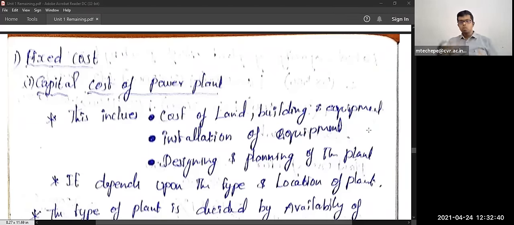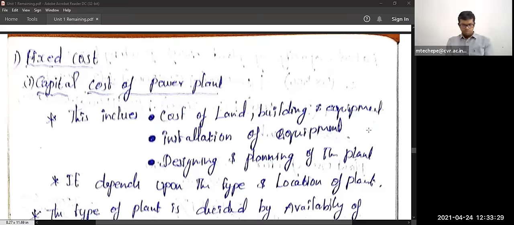Constructing the building and installing the equipment inside the plant is a very, very important factor. Take the majority of the power plants in India, like 70 to 80% of them, and I'm speaking about hydropower stations in India.